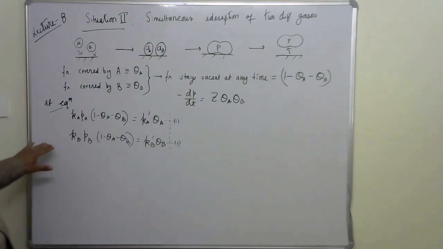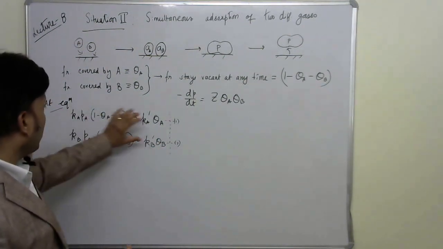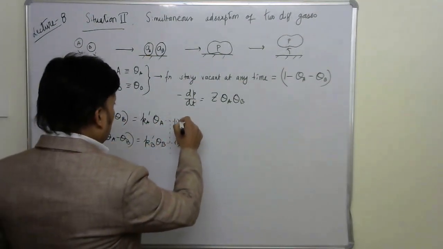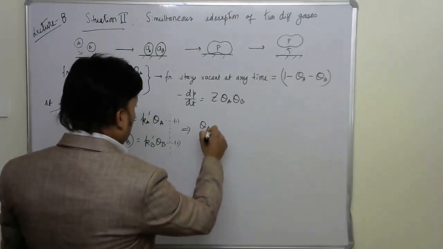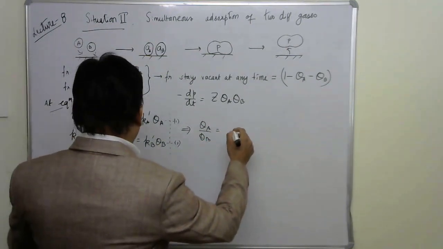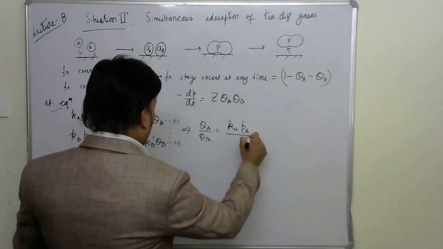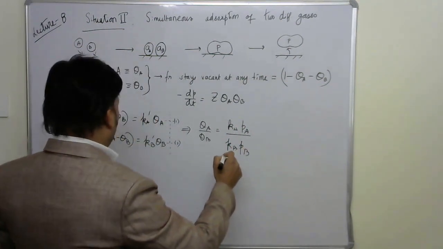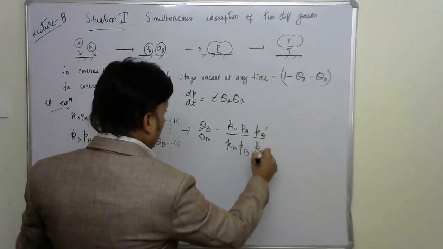So if we divide equation 1 by equation 2, that would give us the ratio theta A divided by theta B is equal to something like this: Ka Pa divided by Kb Pb, multiplied by Kb prime divided by Ka prime.